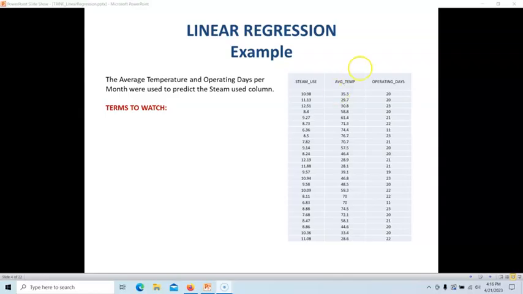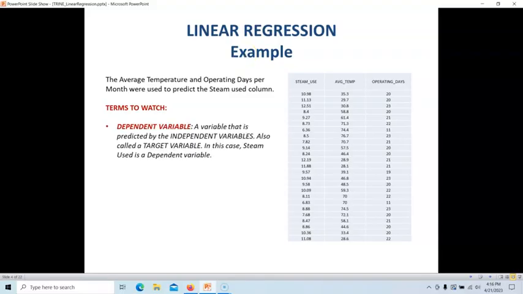So we're going to build a model to predict steam usage given the temperature outside. So if it's cold, we're going to use lots of steam. And if we're open a lot of days, we're going to use lots of steam. So we're going to try to figure this out. So for this, we first will say that our dependent variable, this is the variable we want to predict, also called the target, is steam use.